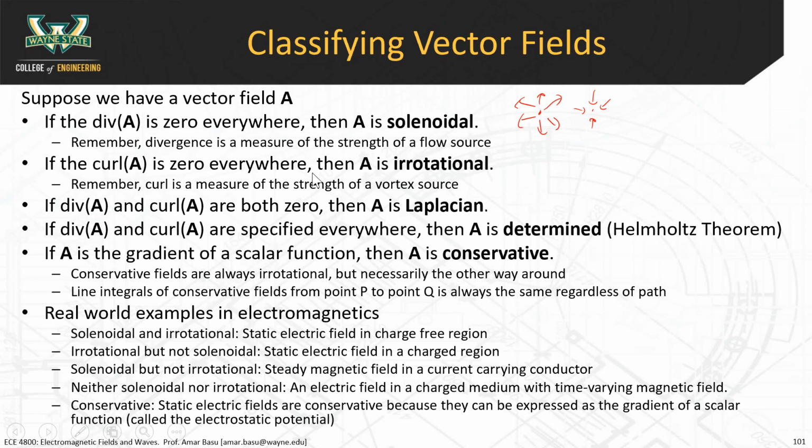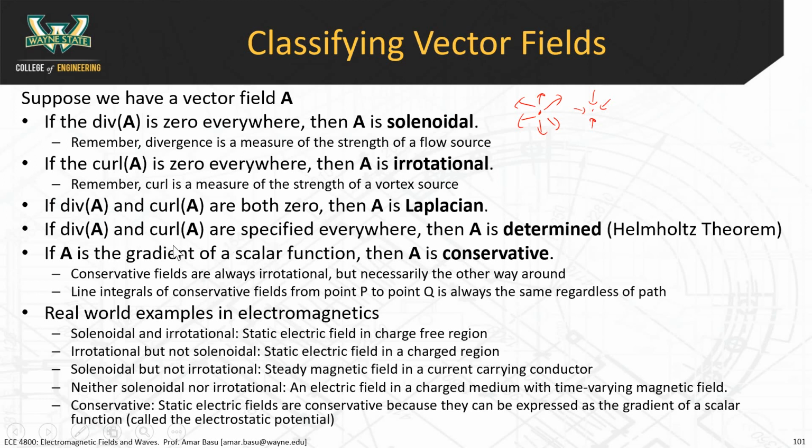If the curl is 0 everywhere, then A is irrotational. Remember, curl is a measure of how much of a field rotates. And if there's no curl, then the field is irrotational. If the divergence and curl are both 0, then A is considered a Laplacian field. And some of these other things, this last one here you may not use in this class.